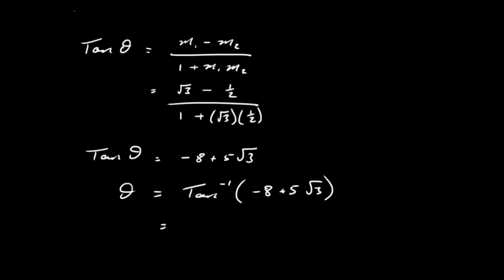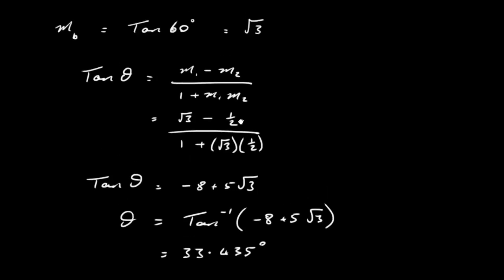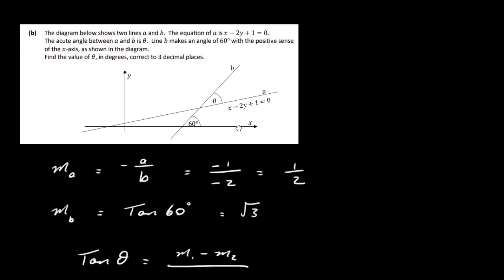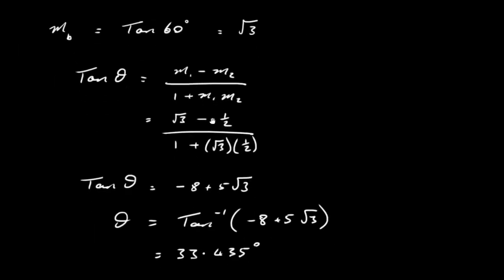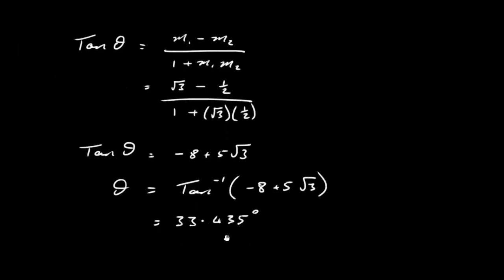And when you work that out, you get 33.435 degrees. Now let's just be sure we've answered what they've asked us to answer. Find the value of theta in degrees correct to 3 decimal places. So that's it. We found that theta is 33.435 degrees. Okay, that's it for this question.